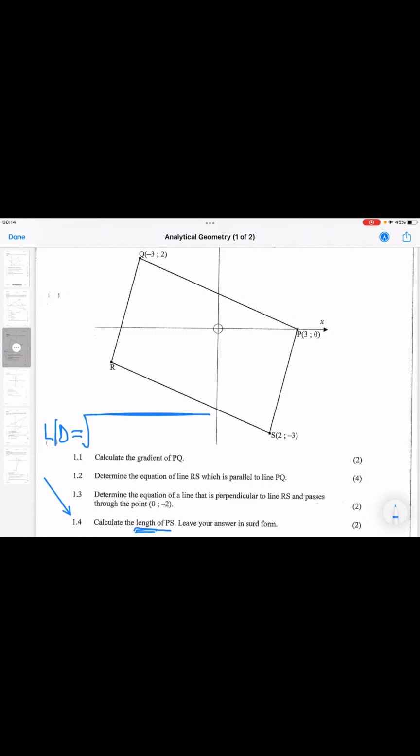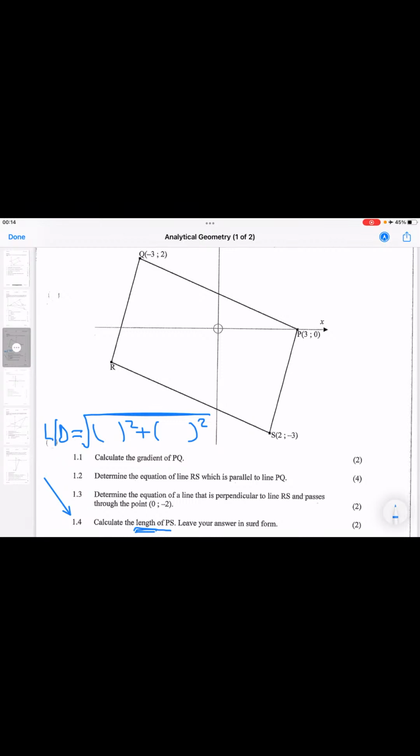I'm pretty sure that you do know the formula. It's either given on your formula sheet, but just make sure that you know it by heart. You know what's inside: x2 minus x1, y2 minus y1. Most importantly, the distance of PS. Where is P? Where is S?